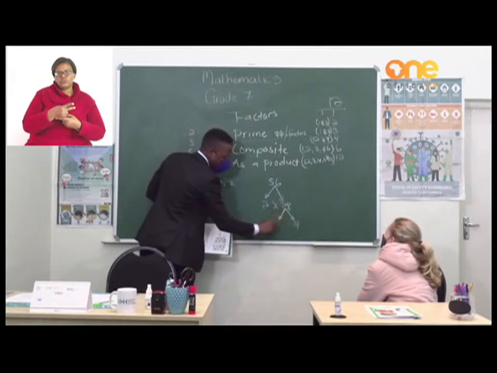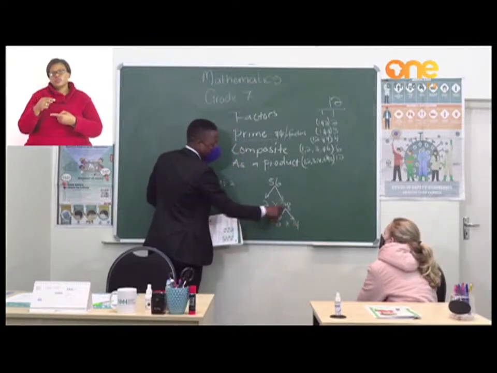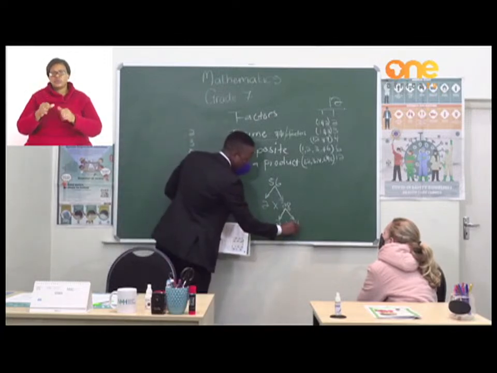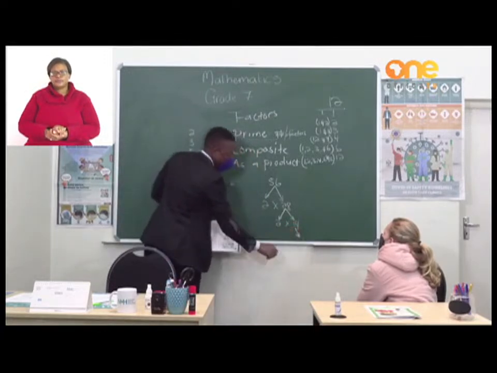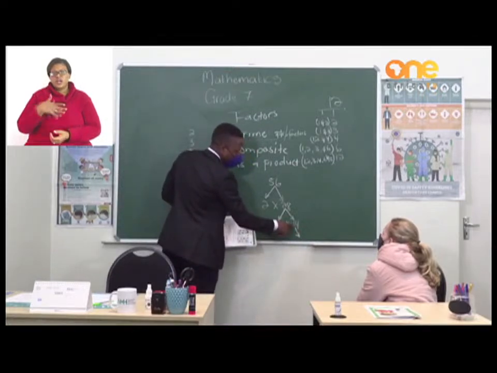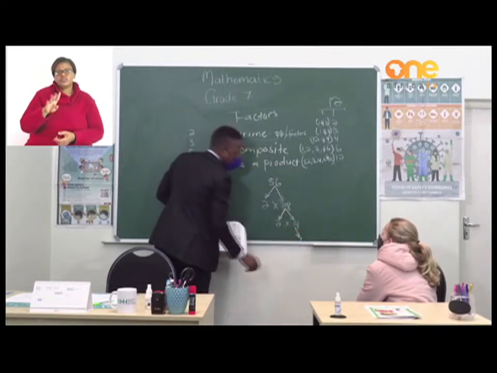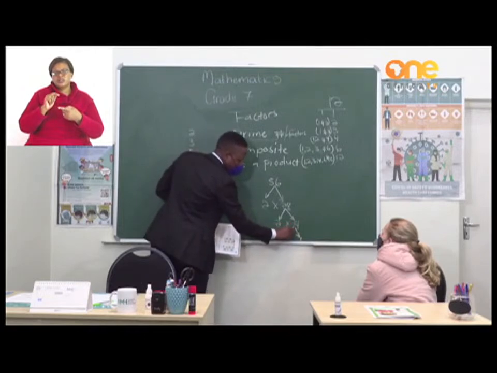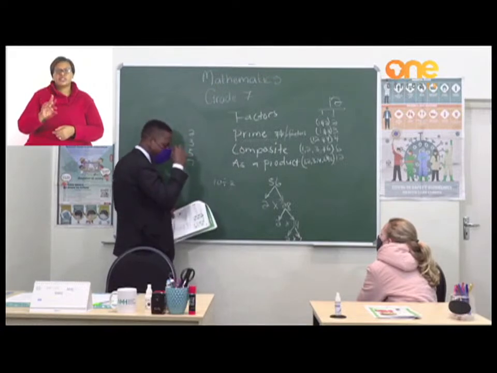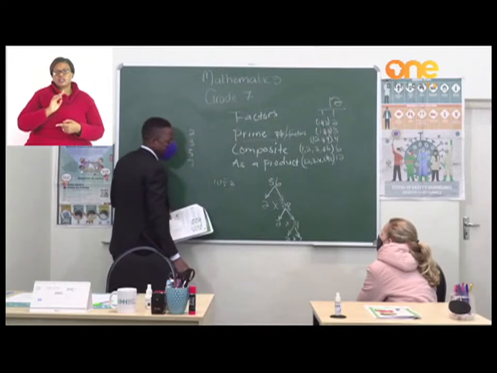Remember, we halved, so we have to multiply. 2 times 14 gives me 28. You still have to continue, halving again. If I halve 14, I'll have 7. But what number can I multiply with 7 to get 14? 2 times 7 gives me 14.